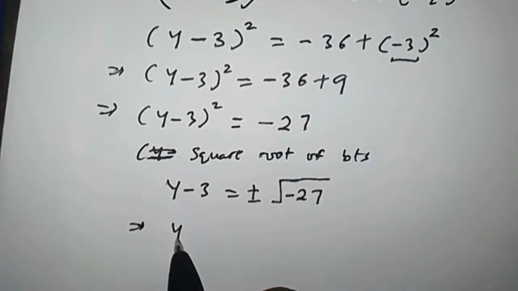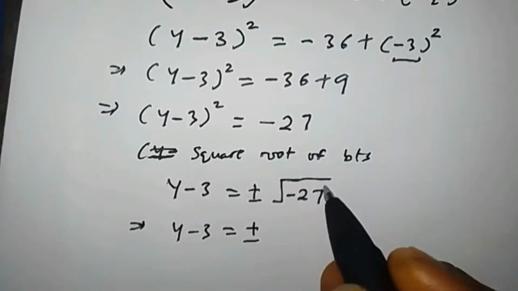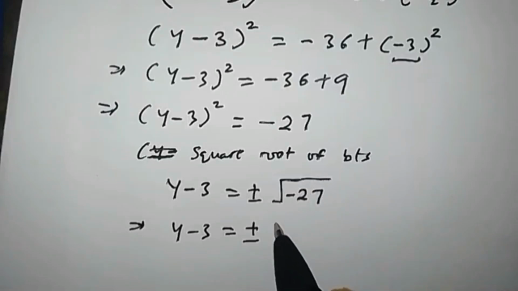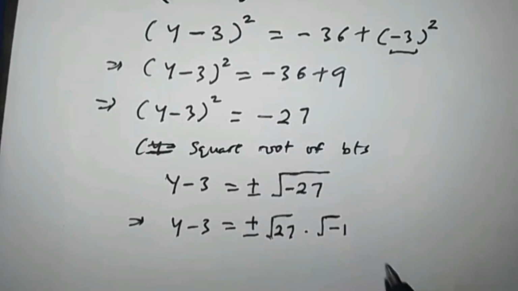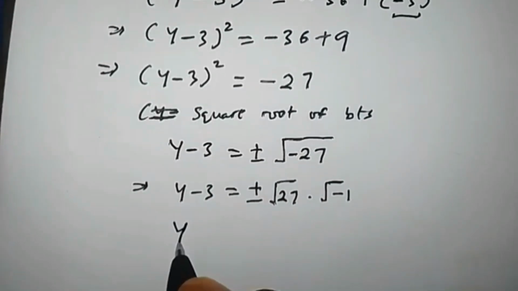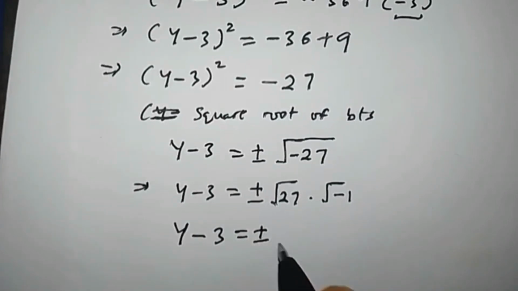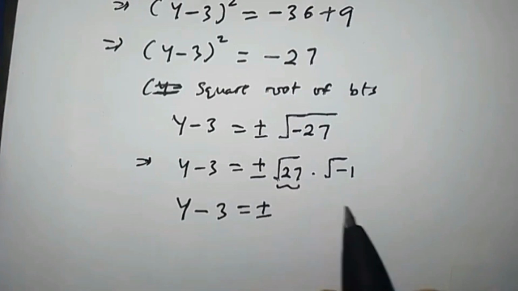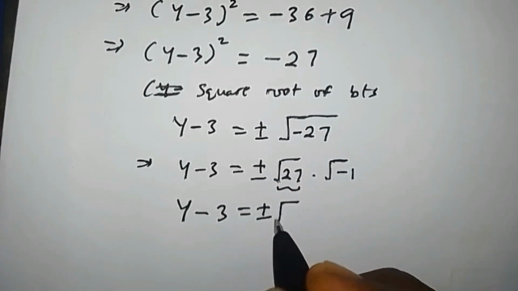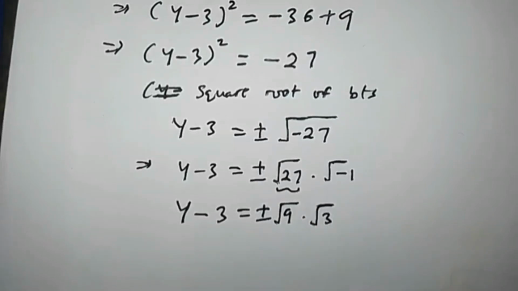This means that y minus 3 equals plus or minus, I can write this as square root of 27 times square root of minus 1. I can also rewrite square root of 27 as square root of 9 times square root of 3.